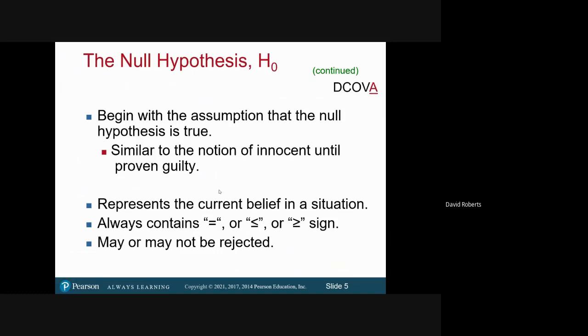You're going to have the null hypothesis. The null hypothesis always has the equality sign in it, equal to, less than or equal to, or greater than or equal to. And the alternate hypothesis will have the not equal to, less than, or more than. And this is called the null hypothesis, identified by H0.